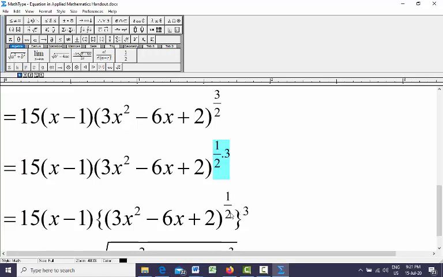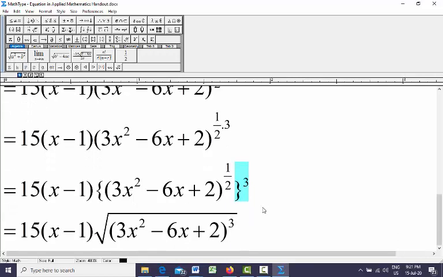So you know that already. If you have a power inside the bracket, and a power outside the bracket, the power inside the bracket will get multiplied by the power outside the bracket. That means we will have half multiplied by 3 again. That means we can break this one like this. Okay. So now you know that already.